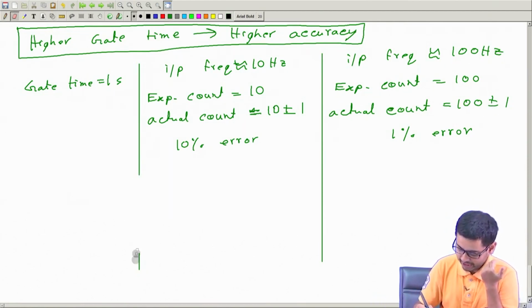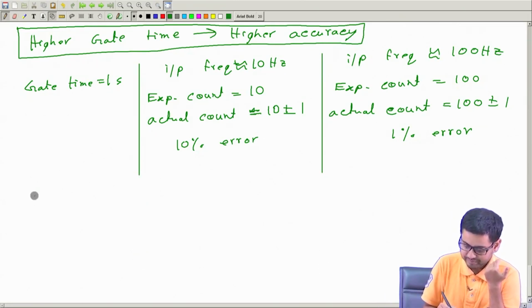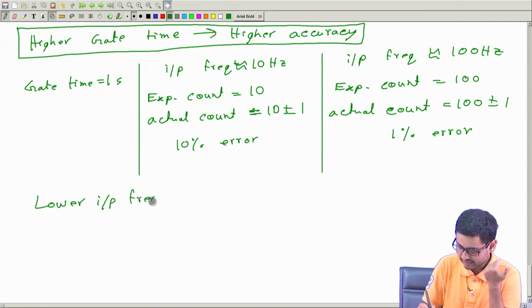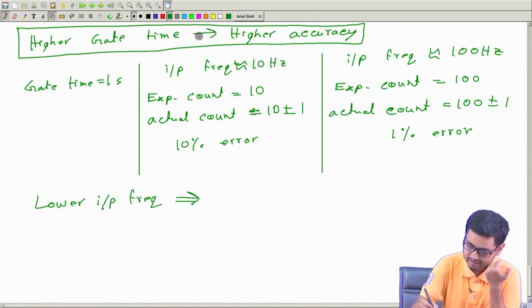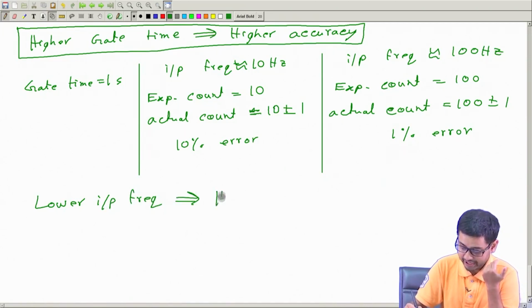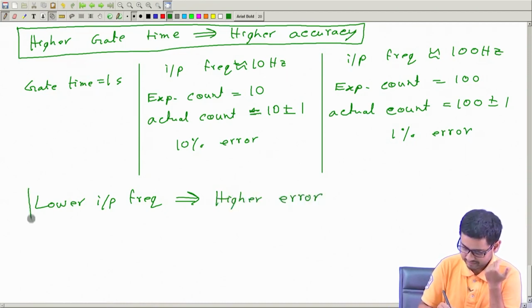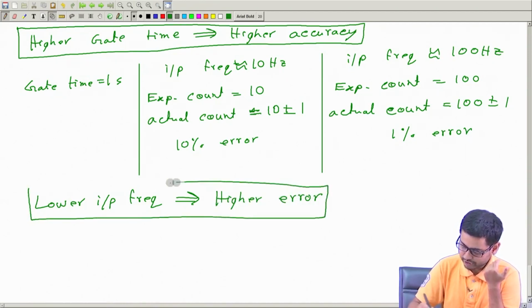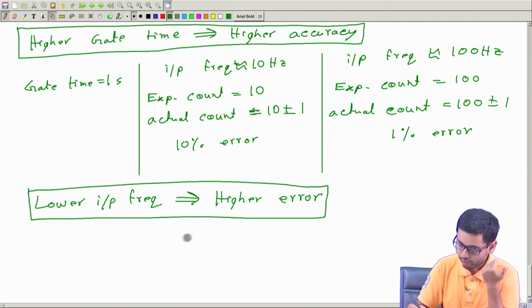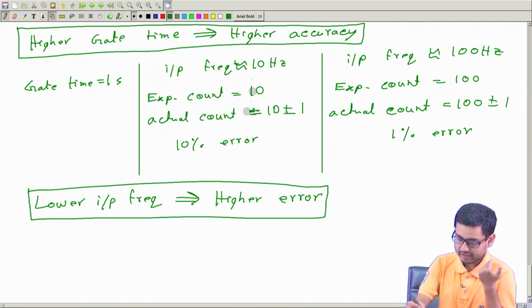So, then another observation from this is that lower input frequency implies higher error. If the frequency of the input signal is low, okay, in this case, then the chance of error is higher.